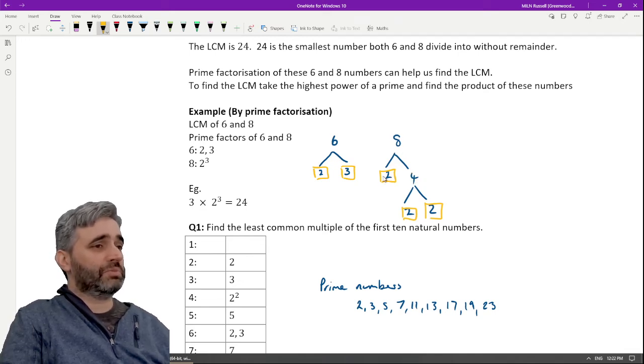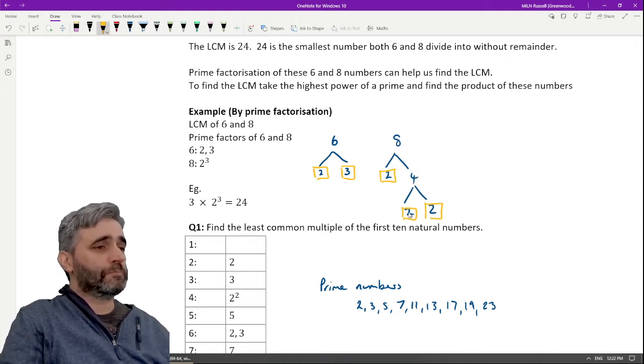Then find out what it multiplies by: 2 times 4 makes 8. Since 4 is not a prime number, we split again and get 2 and 2. The prime factors of 8 would be 2 times 2 times 2, all the bottom of the tree, and that's where this 2 to the power 3 comes from.